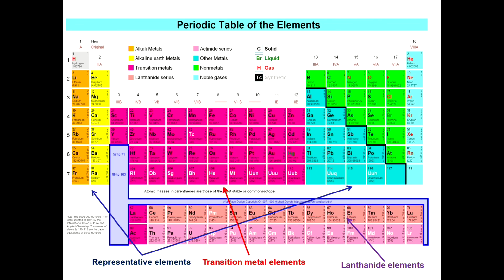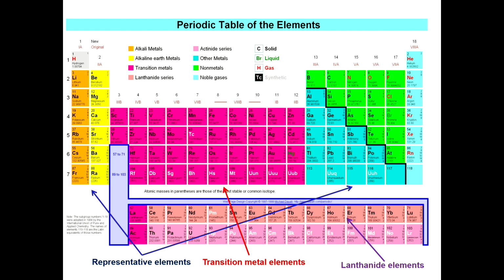Basically, we call the elements with s and p outer orbital electrons representative elements. And this part we call transition metal elements. Also, this period we call the lanthanide elements, and this is called actinide elements.